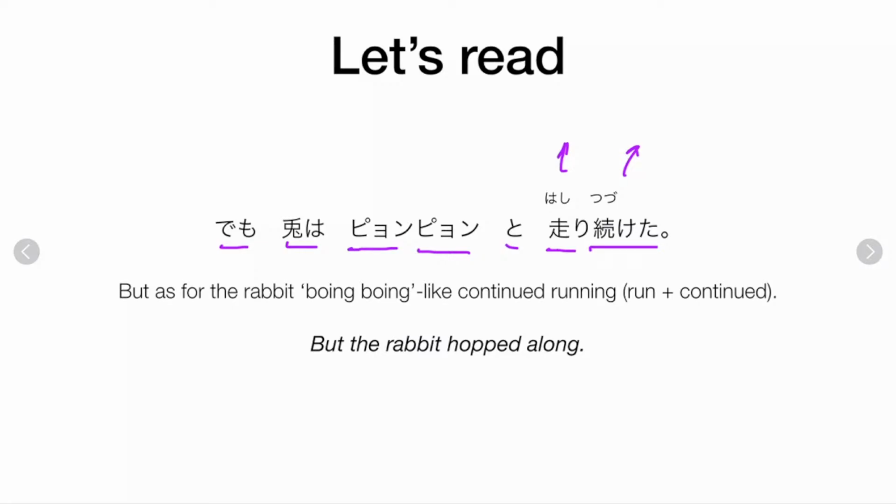How did it continue to run? Pyon pyon to, which is an onomatopoeia that means boing boing. But the rabbit continued to run like boing boing, which is weird to say in English to use an onomatopoeia there. So I'm just going to say, well, it hopped along because it didn't continue to run.